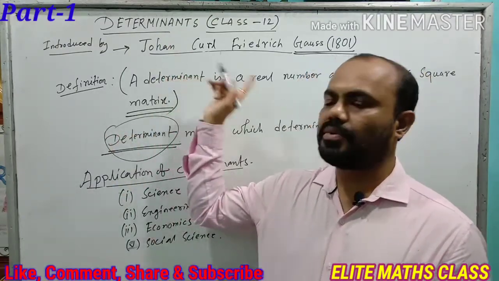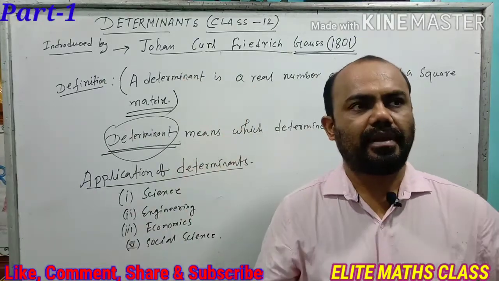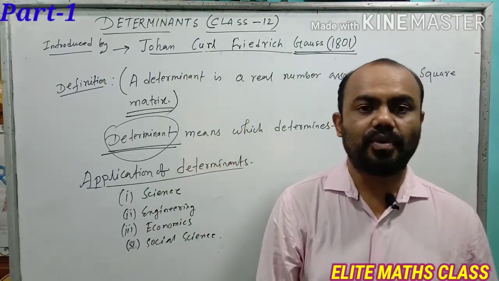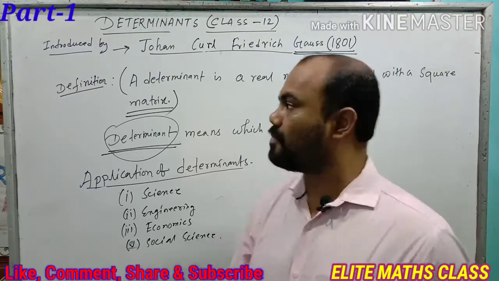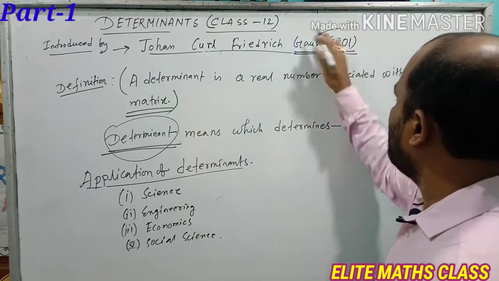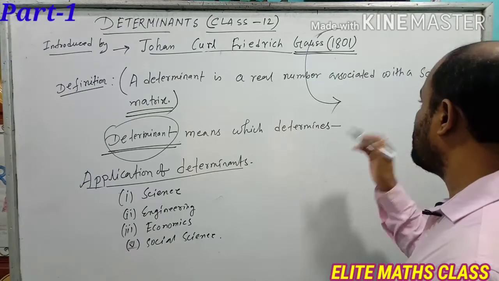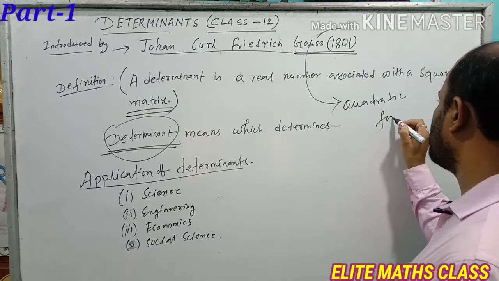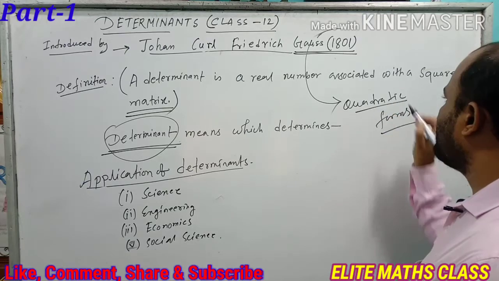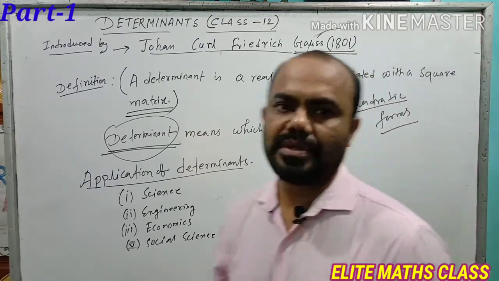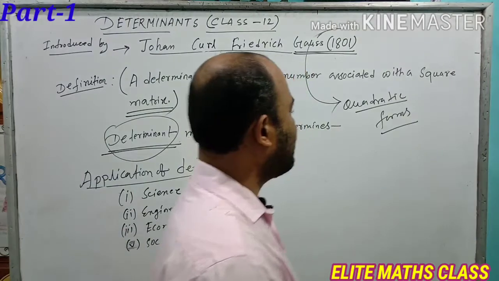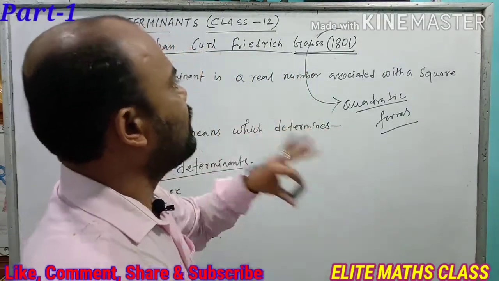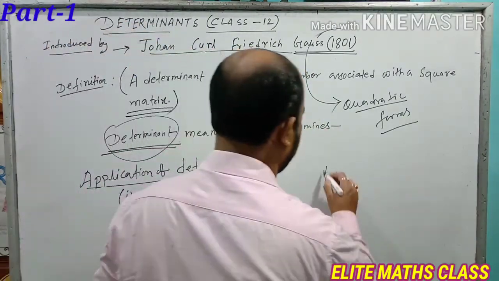Actually Gauss introduced this concept and developed the previous concept while studying quadratic forms. So while studying quadratic forms, determinant was introduced by Gauss, and then there are many applications of determinants in maths.